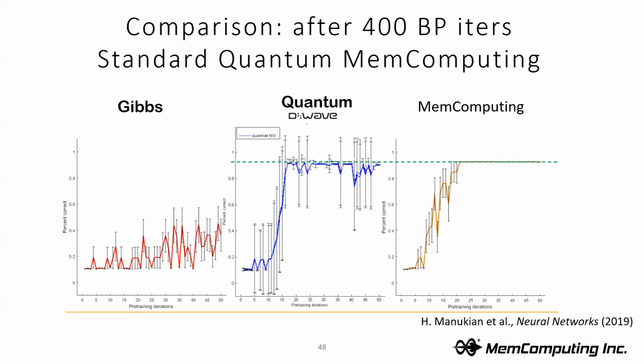You can sample from the very dynamics of the MemComputing circuit, which is what we did, and the results are what are reported here. So we were able to train the restricted Boltzmann machine to optimality, even slightly better than a quantum computer, just because it is affected by non-ideality, since it is real hardware.